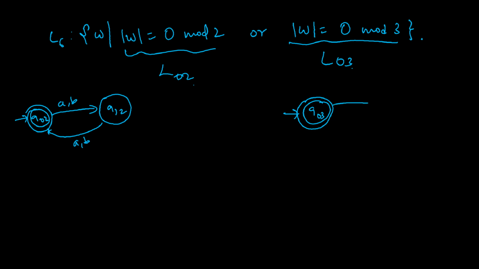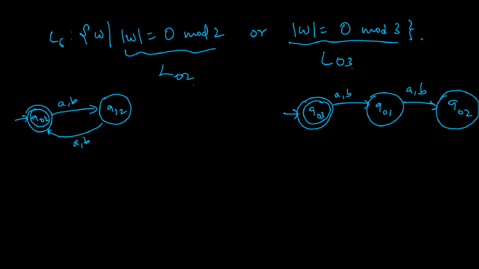At Q0, when you get an A or B, you go to Q1, remainder 1. If you get another A or B, then the length of the string is 2, so this goes to a state that represents 2 mod 3.